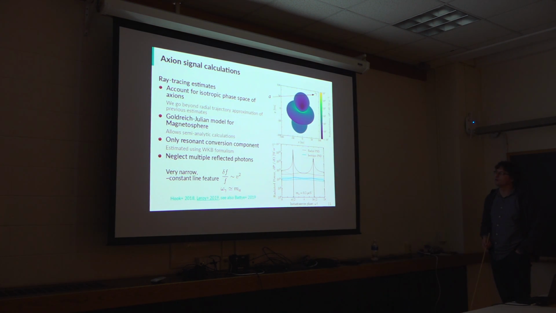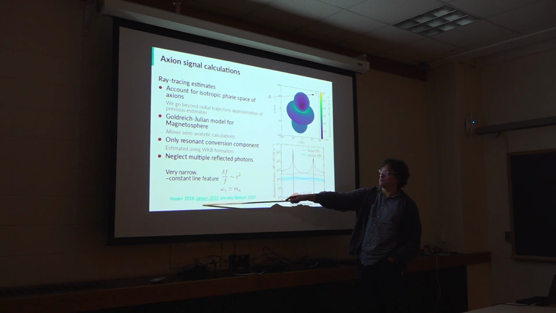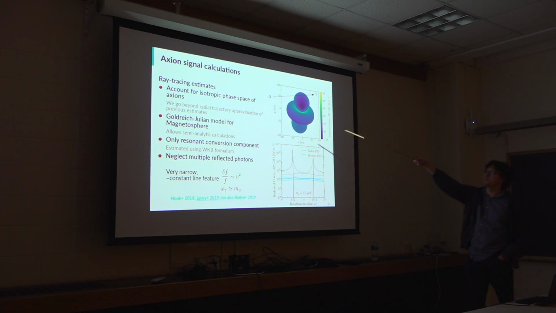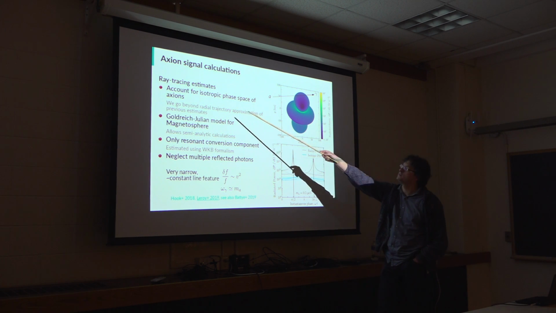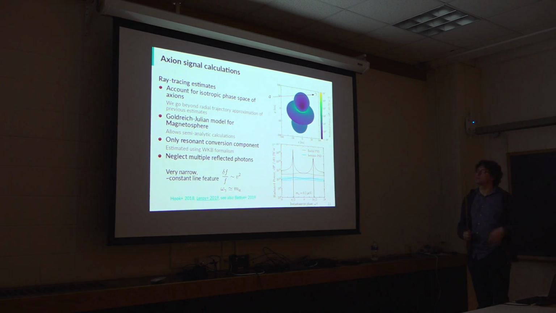I also wrote one with a very good exchange student from France, Michael Leroy, and he wrote up a ray tracing simulation for the expected signal. We wanted to make nice pictures and understand where the signal comes from and how it behaves, for instance, as a function of time.